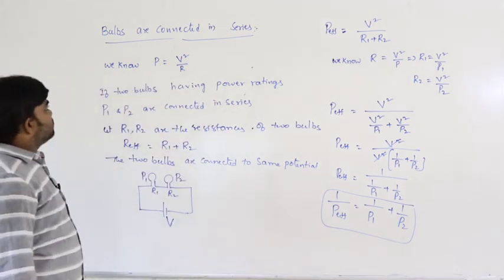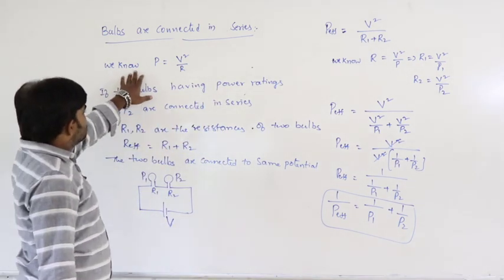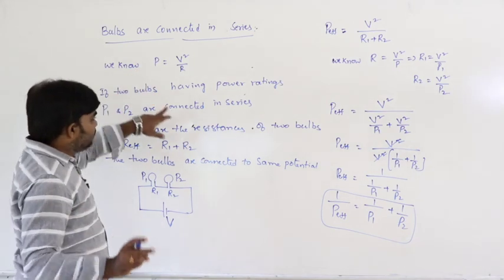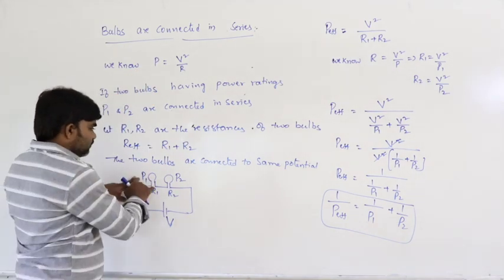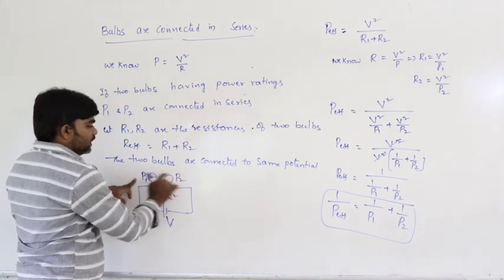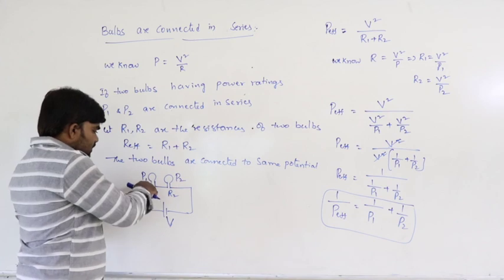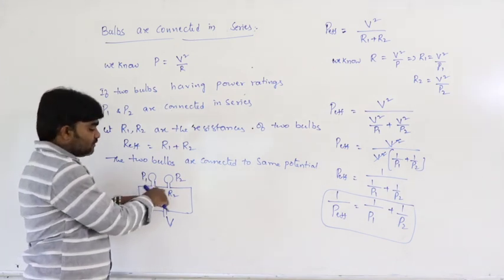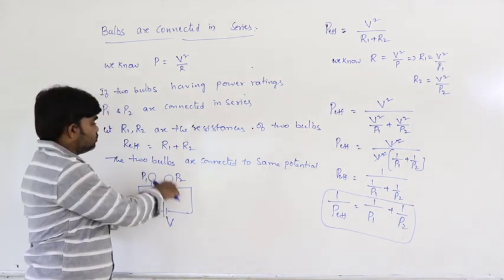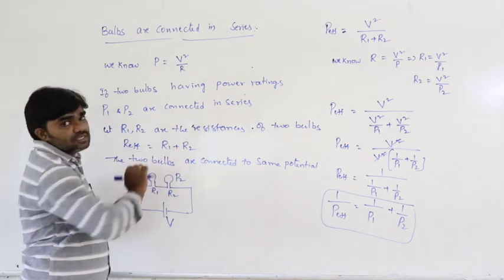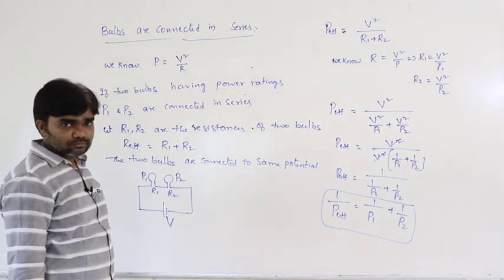So this is the concept. The condition is if two bulbs are connected in series having individual power ratings P1 and P2. Let us say first bulb having resistance R1, second bulb having resistance R2. If two resistances are connected in series, effective resistance is R1 plus R2.